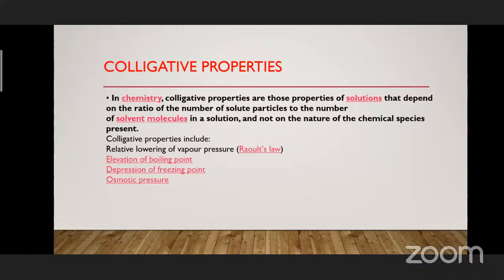So colligative properties are nothing but the properties which depend upon the number of particles in the solution, rather than the nature of the particles of the solute.